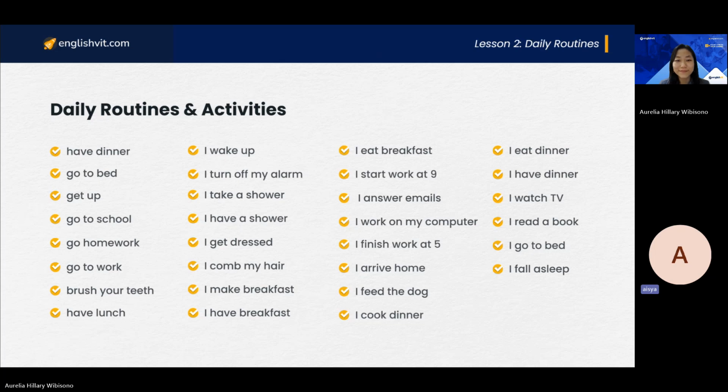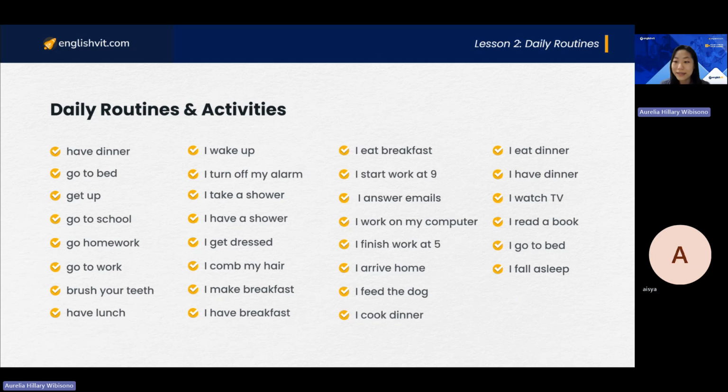Kalau wake up itu bangun dari tidur. Get up means we already got out of bed, so we already stand up, we're already walking. Wake up is when we just open our eyes, just woke up. Yes, exactly. That's exactly correct.